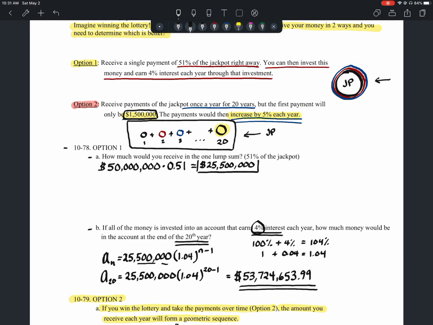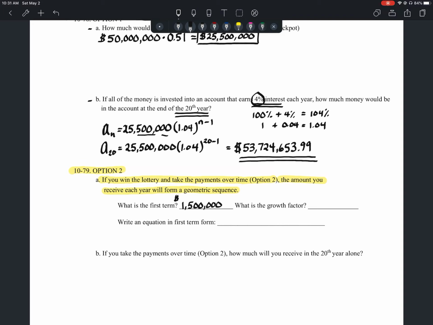Well, for option 2, it said it was going to increase by 5% each year. So remember, above we had the 4% increase, to make it like 104%, but our multiplier was 1.04. So our growth factor here, since it's going up by 5%, we would be multiplying by 1.05.